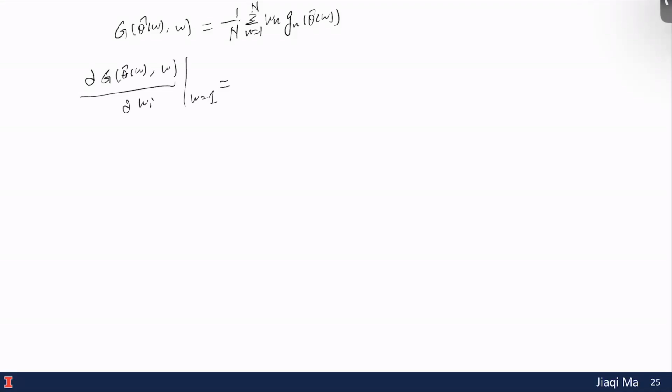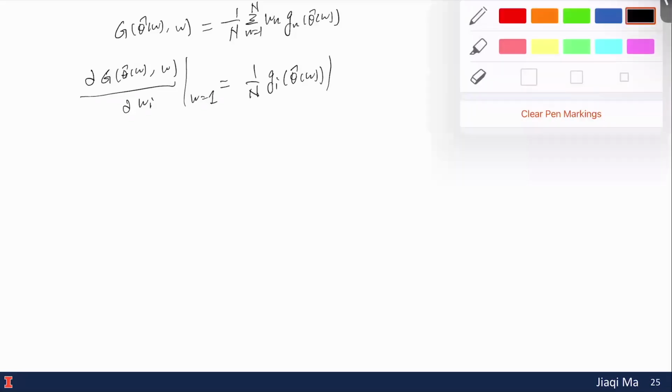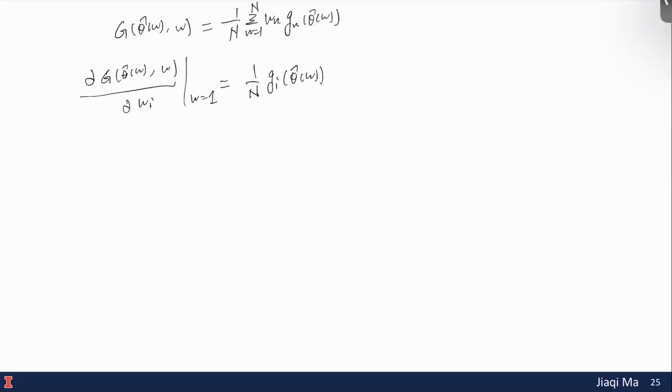For each term, let's first take the derivative over this W term. Then we get 1 over n times Gi(theta hat(W)), evaluated at W equals 1.